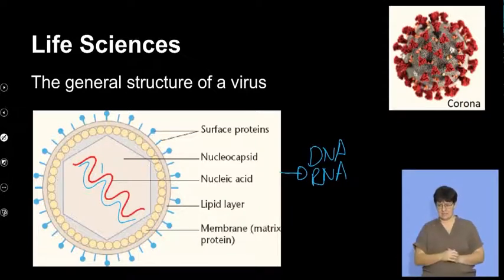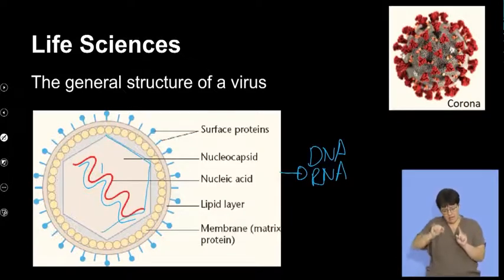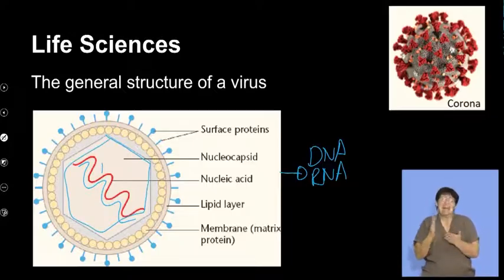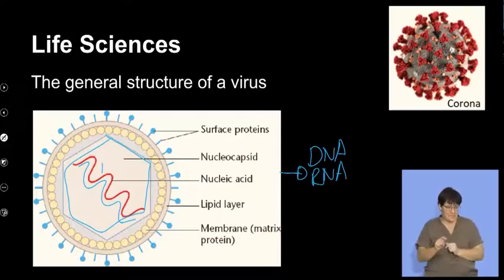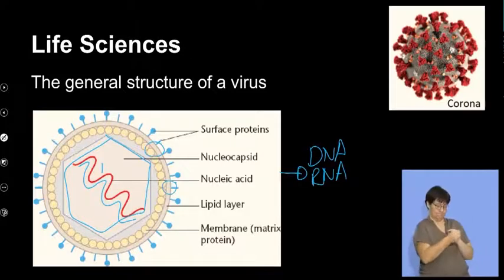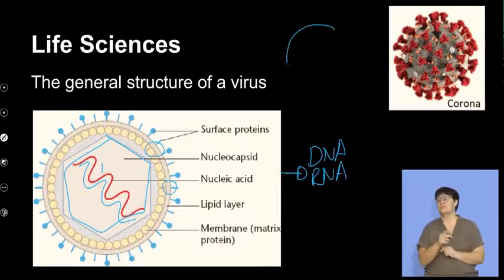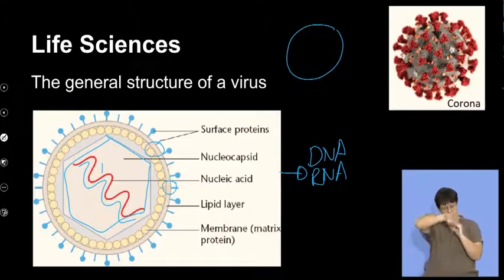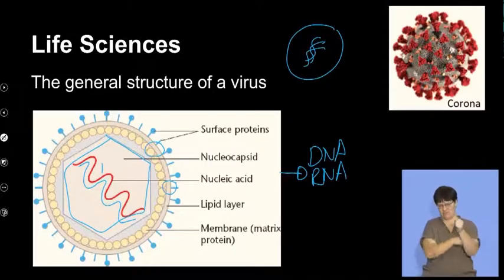Then they have a little protein coat around them to protect them, and then some of the viruses have a fat layer around them to protect them. So when we have a look at the virus, you simply have a structure around it, and you're going to have this DNA in the middle. That is the basic structure.